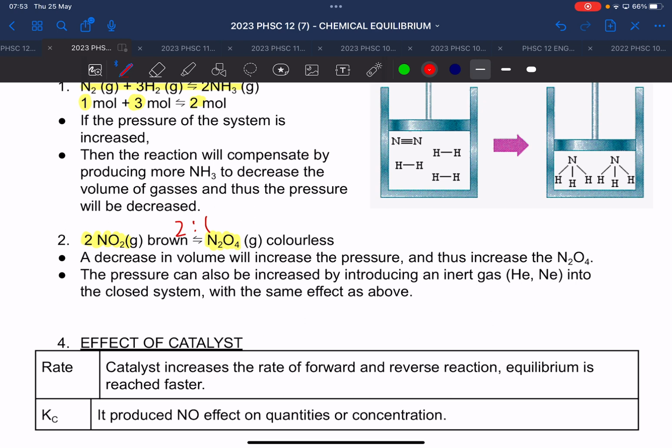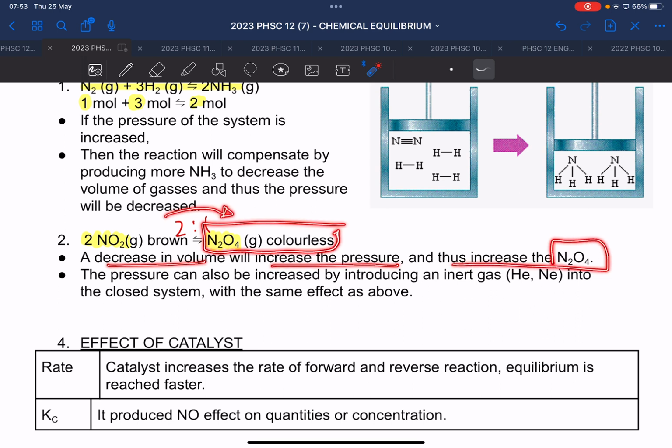Then it says a decrease in volume increases the pressure. So it goes to the side with the smallest mole. So what will we see in the container? We will see it becomes colorless. Okay, so it increases the amount of dinitrogen tetroxide.